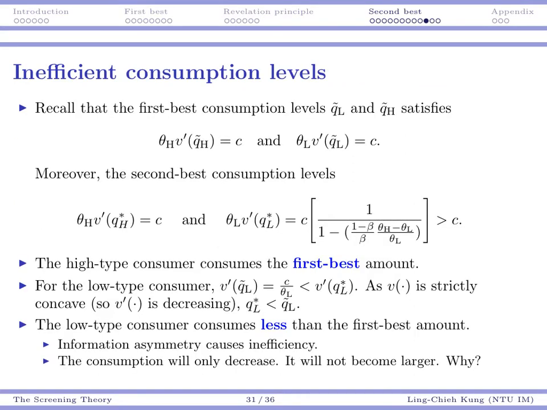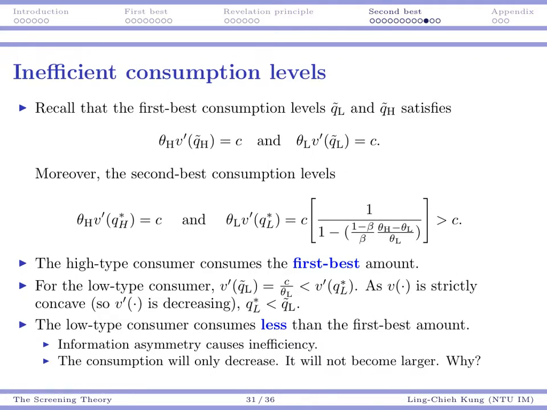Now we want to talk about some findings with the solutions. The first thing is to compare our second best solution with the first best solution. And here we use tilde to denote the first best solution.